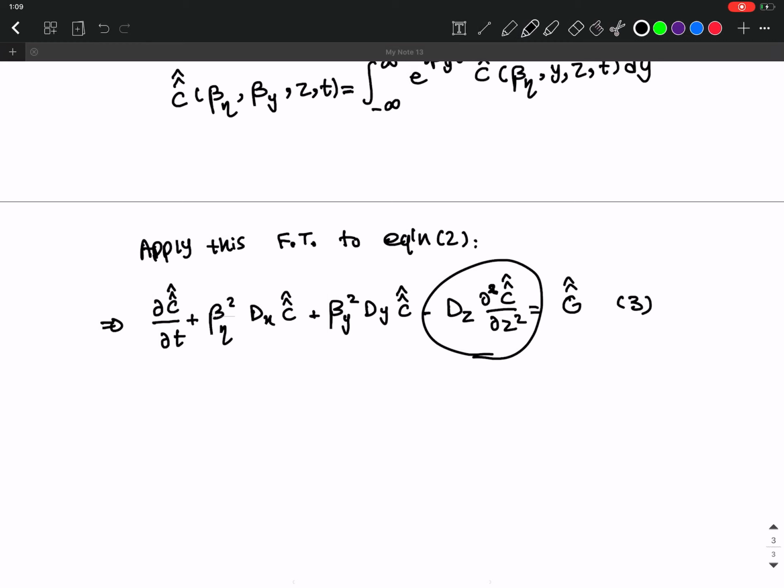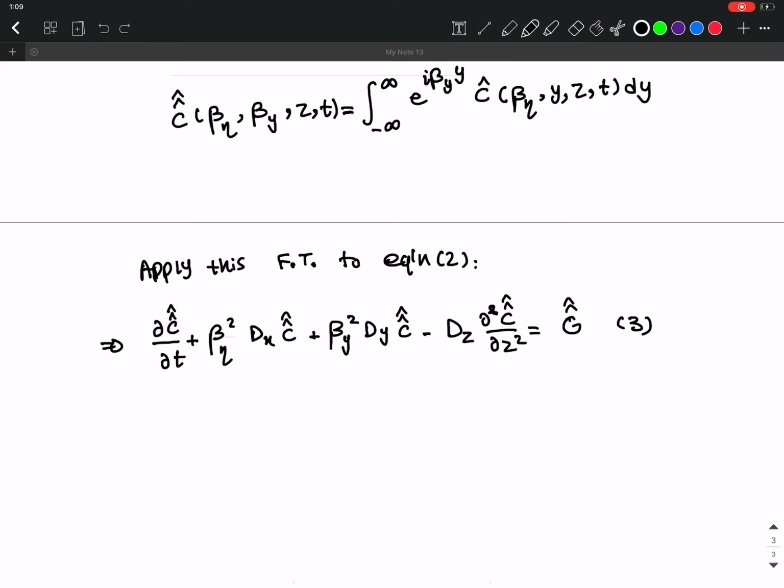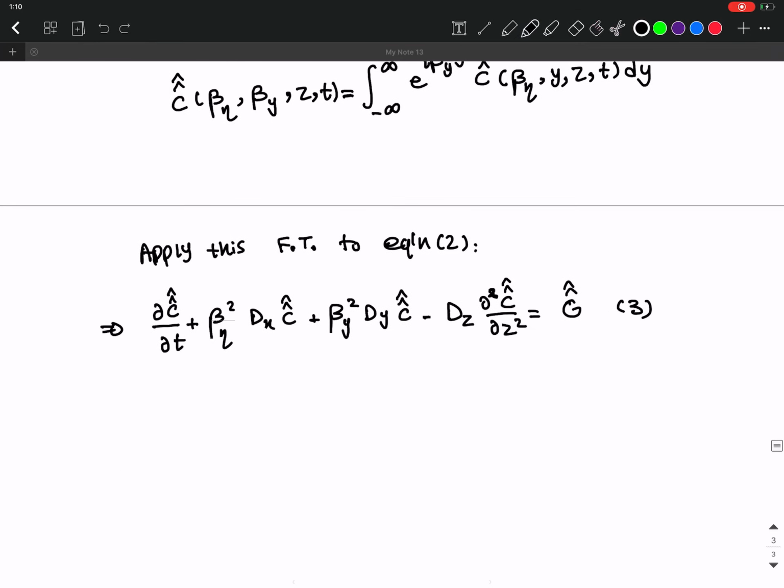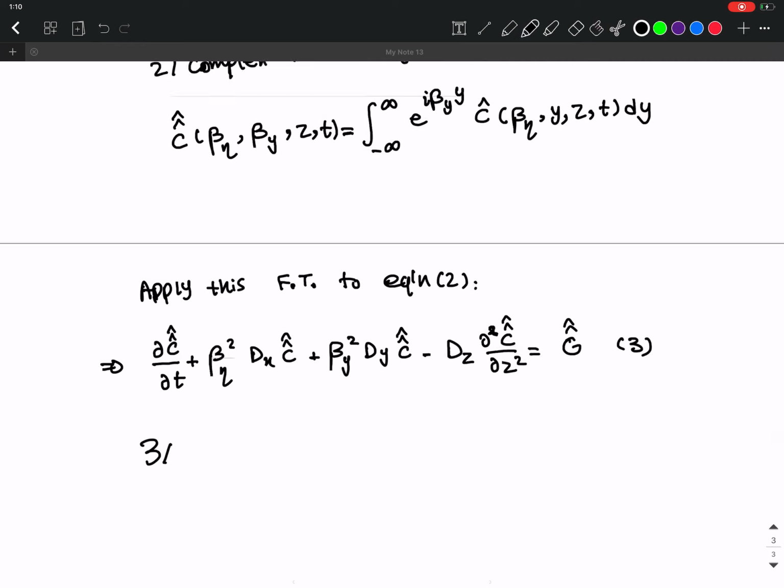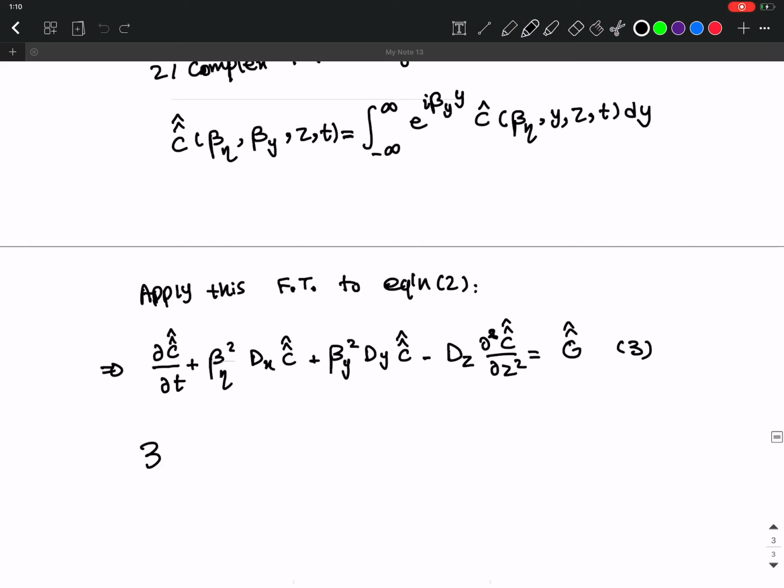So as you may imagine, the third step is to do the complex Fourier transform in the z direction to get rid of this term. So step 3: complex Fourier transform in the z direction.